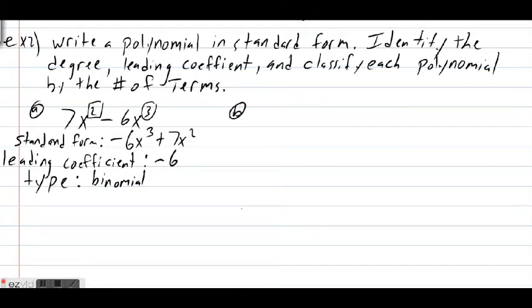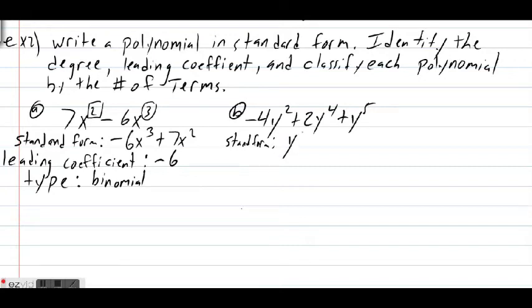Okay? So again, a lot of directions for problems that aren't too difficult. Here's the next one. -4y squared plus 2y to the 4th plus y to the 5th. Alright, so standard form. You should be telling yourself biggest exponent to the smallest exponent.